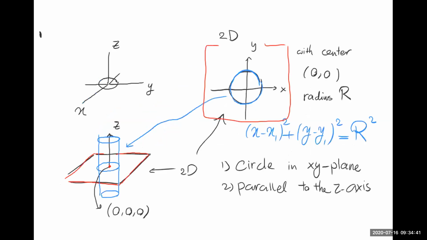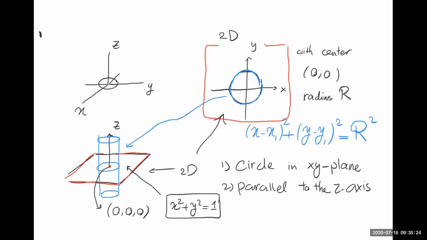Now, let's go back to our cylinder here. In this cylinder, the generating curve is x squared plus y squared equals 1, the circle in the xy plane. The direction is the z direction. We are moving the generating curve in the direction of z. The question is, what is the equation of this cylinder? One thing we should understand is that when we move this circle in the direction of z, for any z we have the same circle.